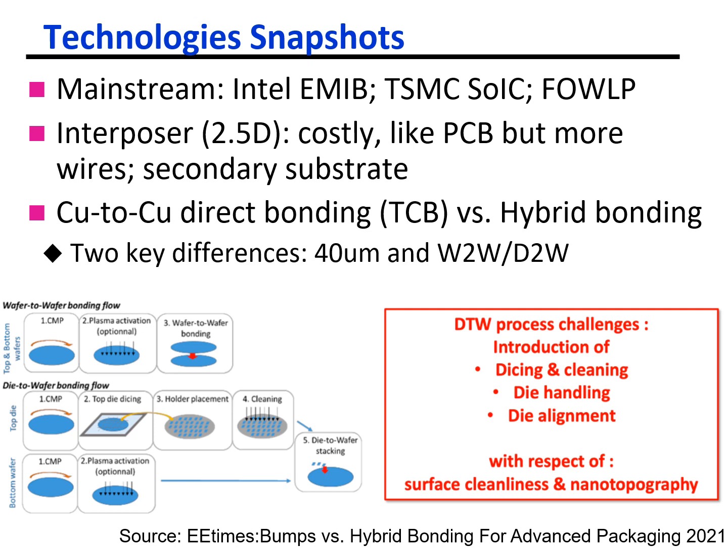And also, the copper-to-copper direct bonding, it's called the TCB, versus the hybrid bonding. So the two key differences are, if you want to go below 40 micrometer, you probably need hybrid bonding, okay, but you need to have a higher cost.